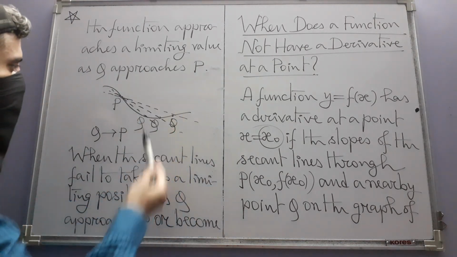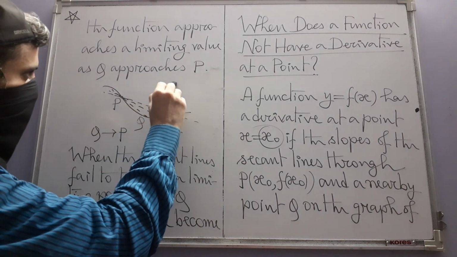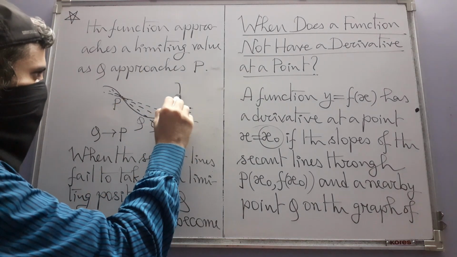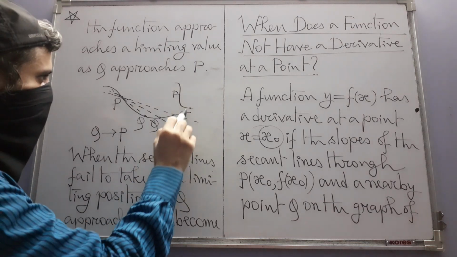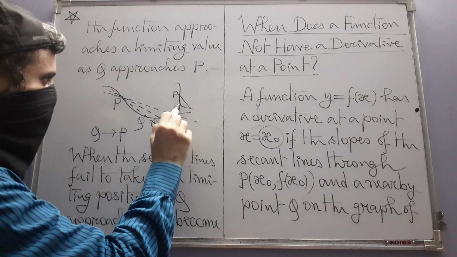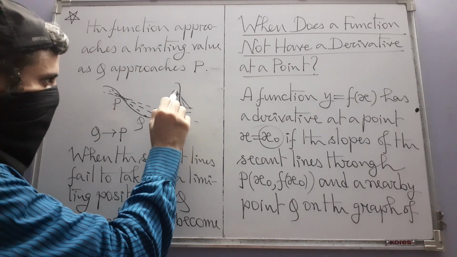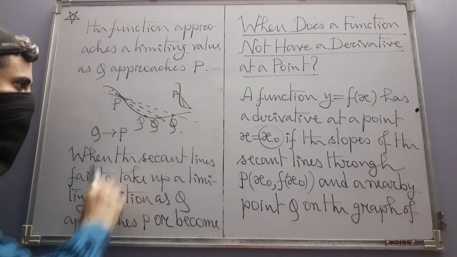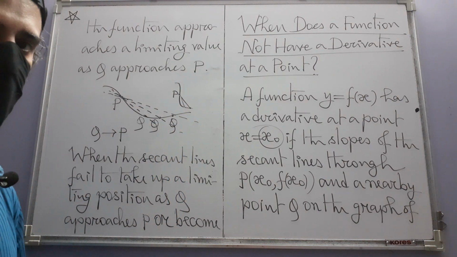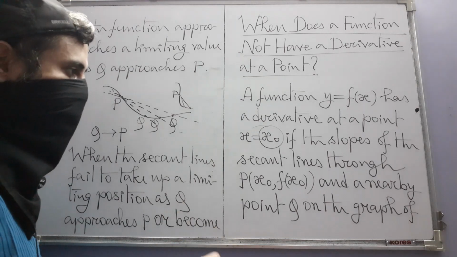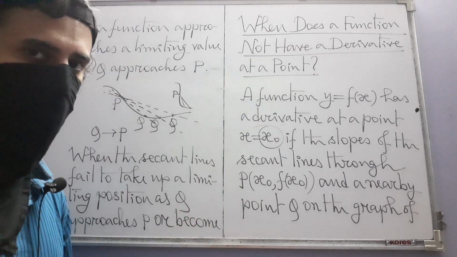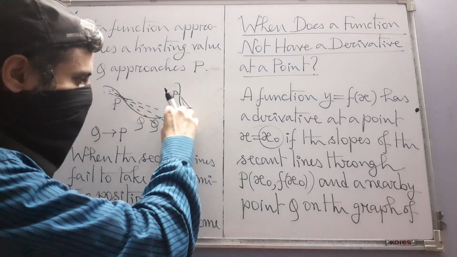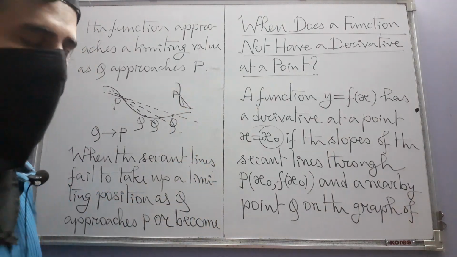Say the graph is somewhat like this. Then if your P lies here, as you move your Q towards P, gradually the secants assume a vertical position. In that case, the slope will tend to infinity or minus infinity, depending on what type of slopes the secant lines originally had.